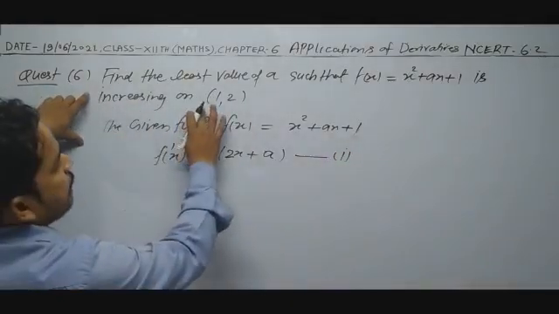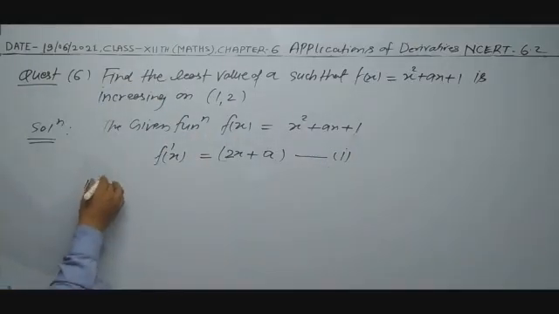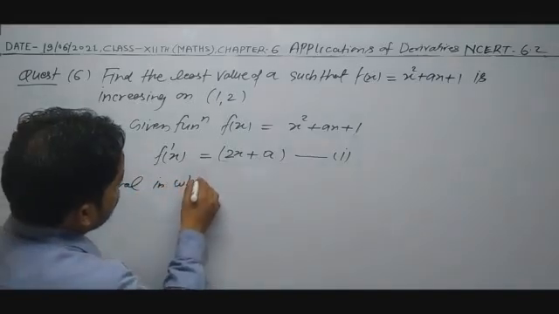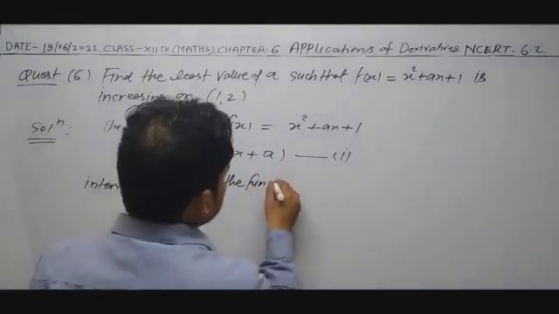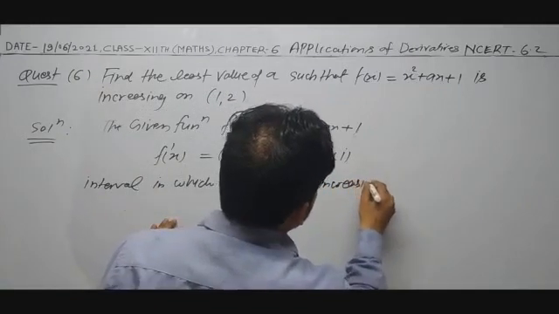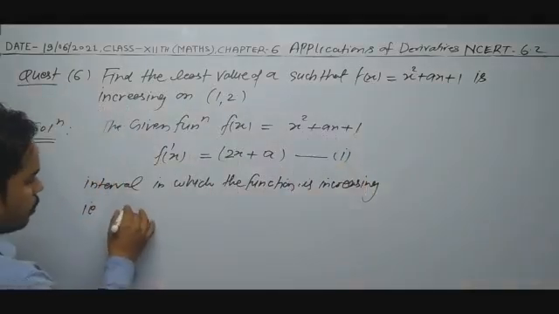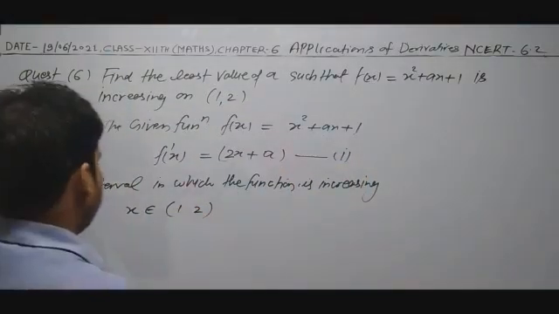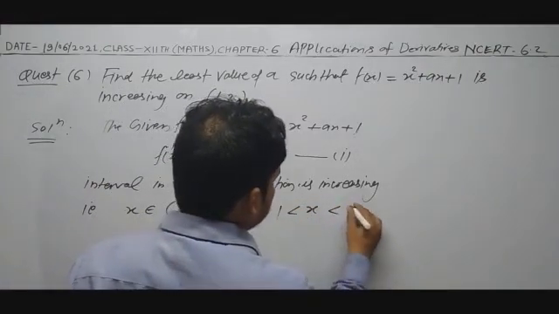And since the given interval in which the function is increasing, that is x belongs to 1 to 2, means you can say x is greater than 1 less than 2.